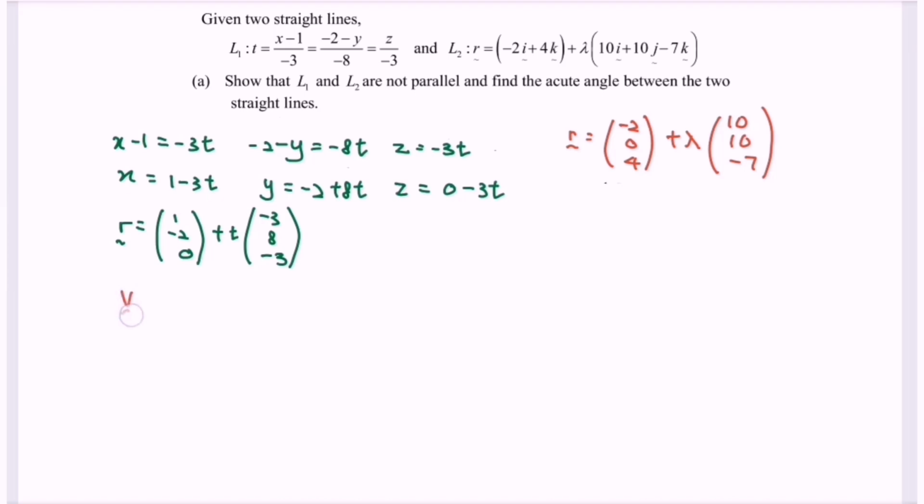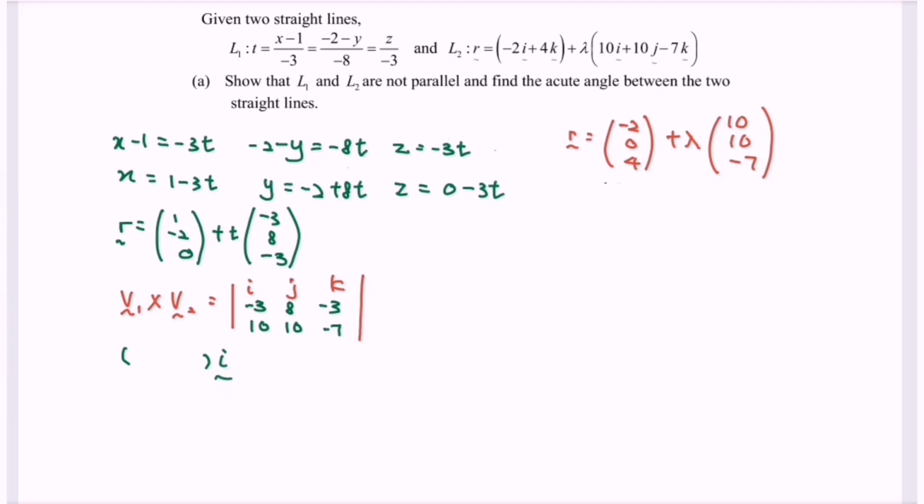We have vector V1, which represents the direction of L1, cross with the vector V2, the direction for L2. So here we have i, j, and k. Kindly substitute negative 3, 8, negative 3 and 10, 10, negative 7.